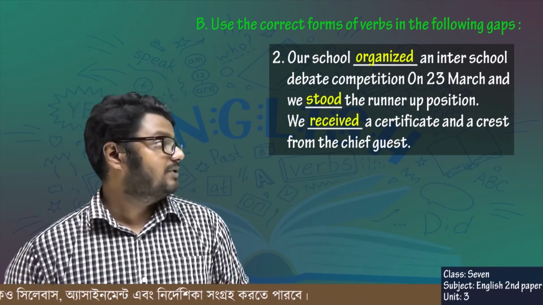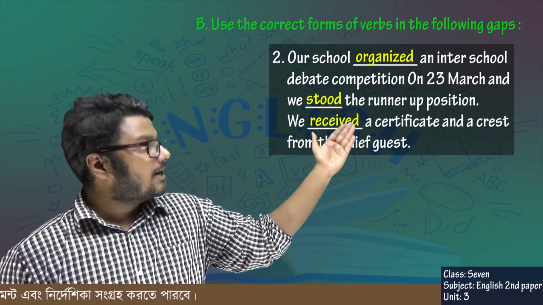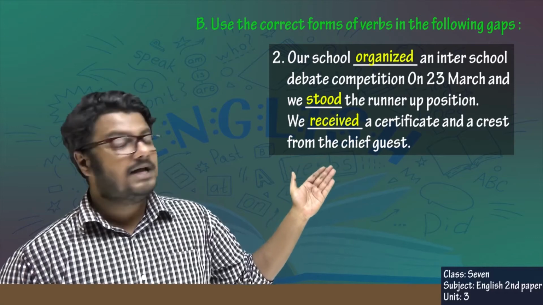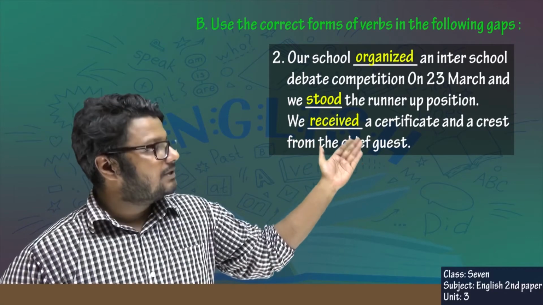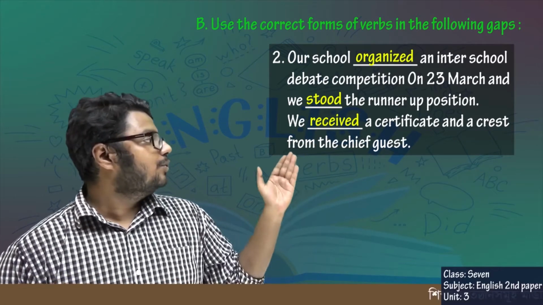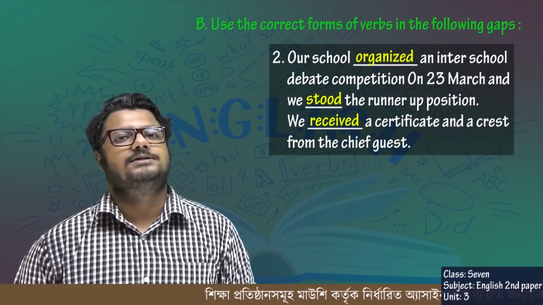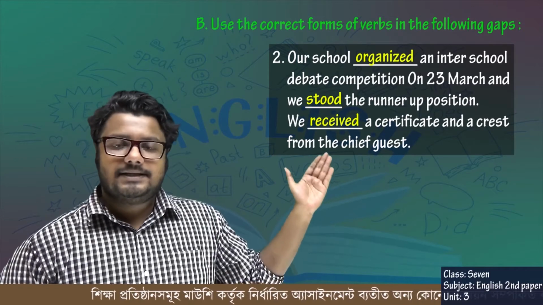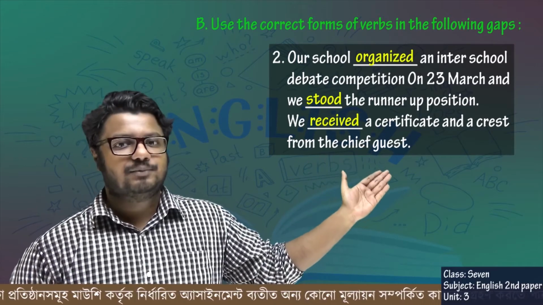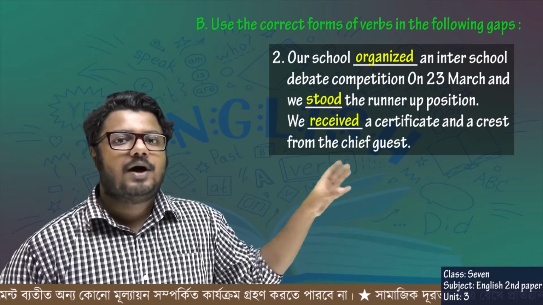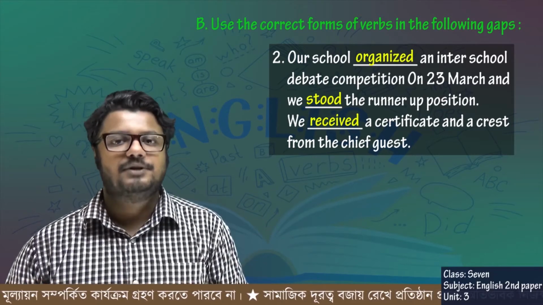So the sentences will be, our school organized an inter-school debate competition on 23 March, and we stood the runner-up position. We received a certificate and a crest from the chief guest. Again, these sentences are in past simple form, and that is why the verbs that we put in the gap are in their past simple form.